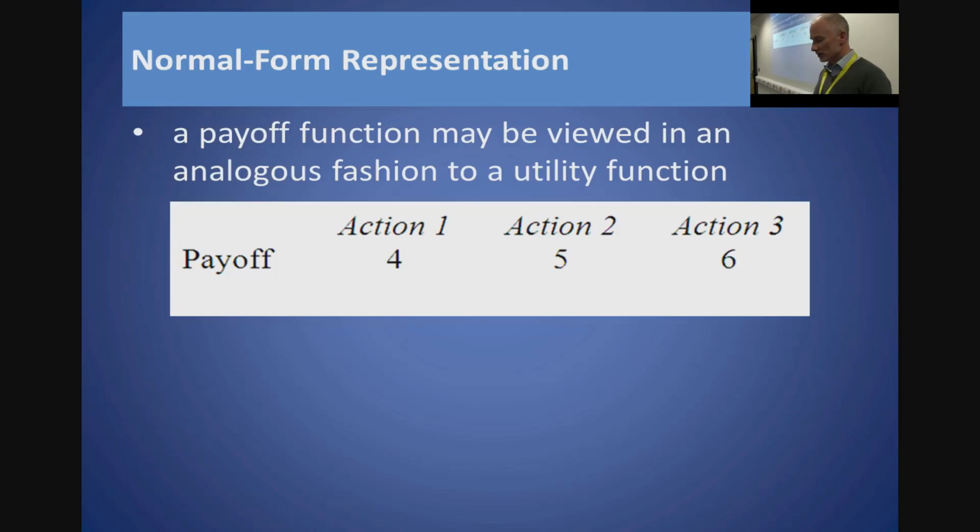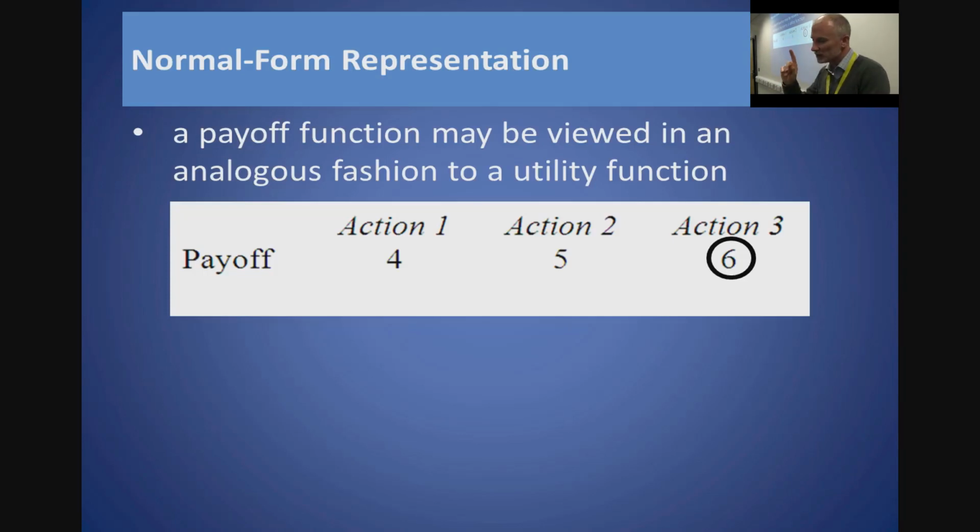So, this individual, faced with the actions 1, 2, or 3, what would she do? Exactly. If you choose action 3, you're going to get a payoff of 6. Individuals will always want to choose the action that gives the highest payoff, or at least they wouldn't want to choose an alternative that gives a lower payoff. So that makes perfect sense.